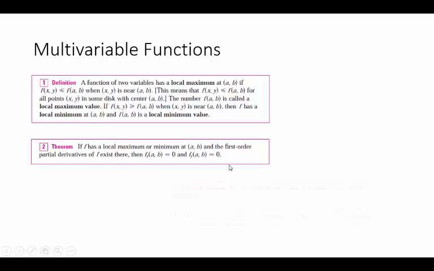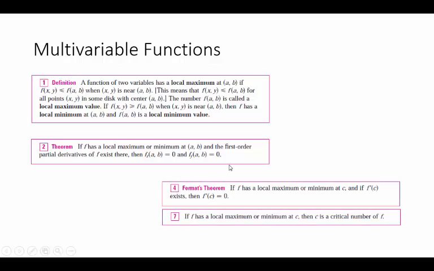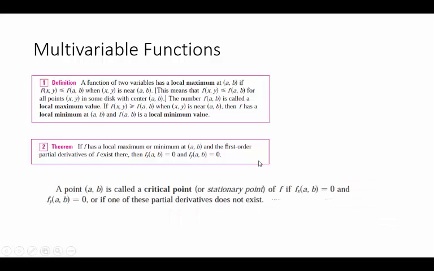So this is again similar to a theorem that we've had in one dimension, but it's slightly changed because in 2 dimensions we're looking at the partial derivatives with respect to x and with respect to y. And so for that, they both have to be equal to 0. That leads us to our definition of a critical point.